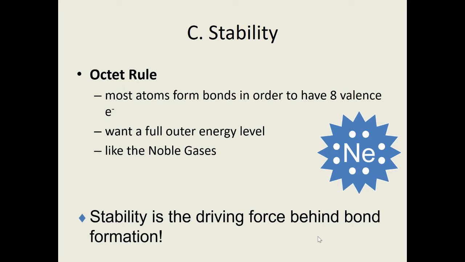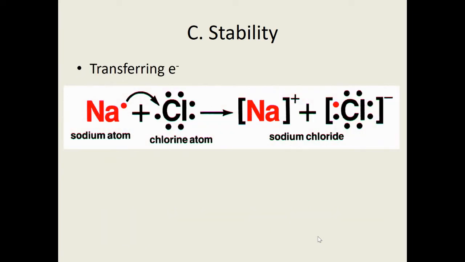The idea is it wants to get that outermost energy level all the way filled with the two s electrons and six p electrons, and that again makes them like the noble gases. Stability here does not mean nuclear stability, but stability in its configuration and those electron arrangements.